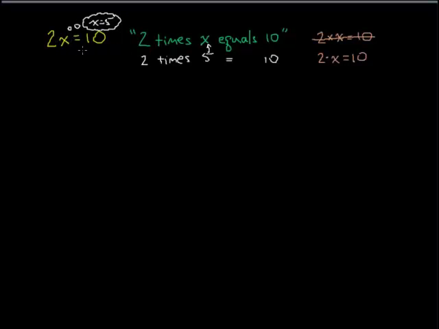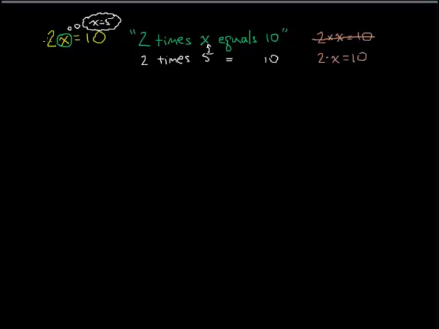But let's think about this. If I had a more difficult equation, it might be hard to figure out what x is. So we need a more general, more systematic approach. In order to do that, we need a way of isolating x, getting x all by itself on one side and everything else on the other side of the equation.